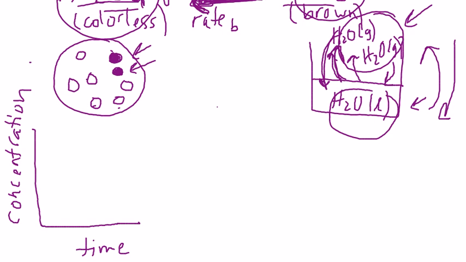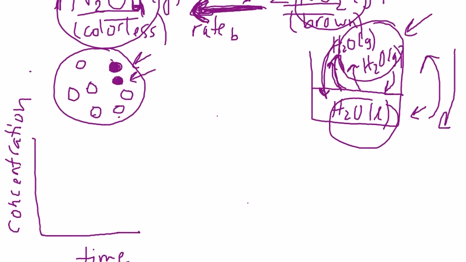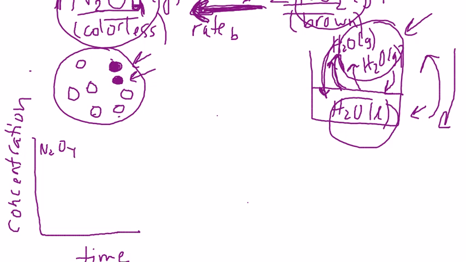At the very beginning, if we look at this graph in respect only to the N2O4, what we're going to see is over time, this concentration decreases. And once it starts to level off is the point at which equilibrium is reached.